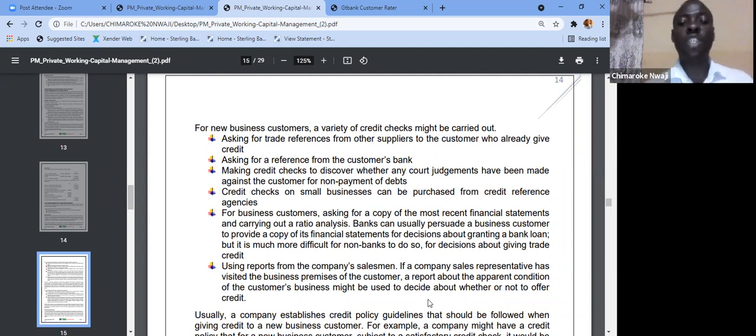You may also want to check if the customer is a problematic one, if he has had a court judgment against him for non-payment of debt, has it been taken to court?